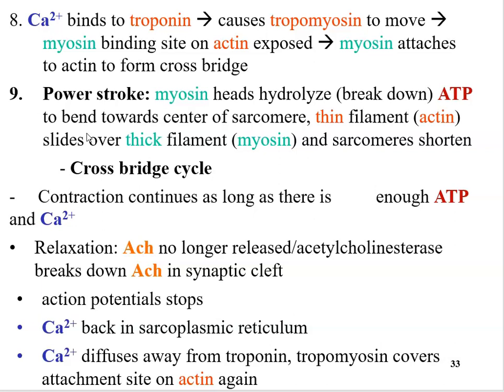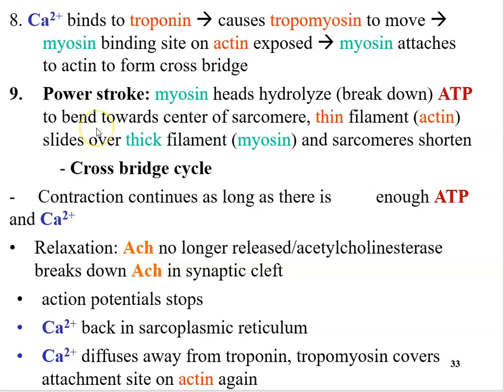Because the myosin head of the thick filament is attached to the actin, the thin filament is pulled over the thick filament towards the M line. As the thin filaments on each end of the sarcomere are pulled towards the M line, the whole sarcomere shortens.